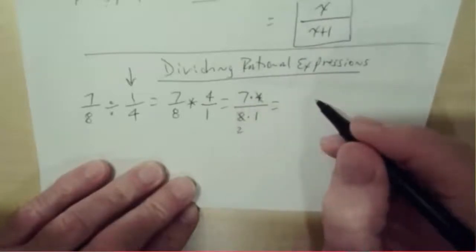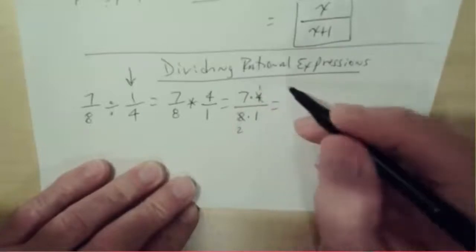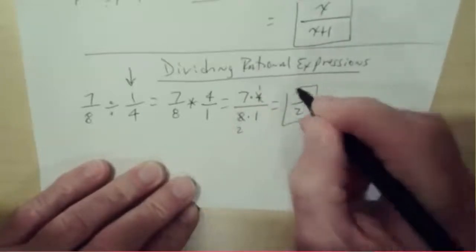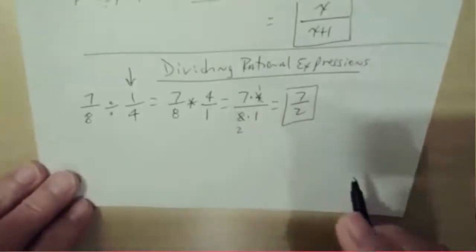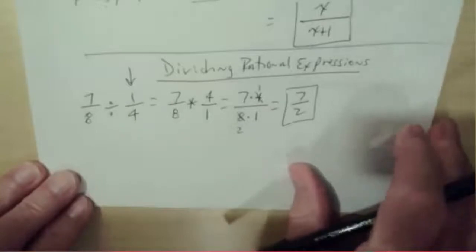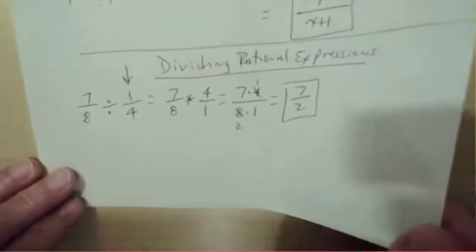This is 1. So we have 7/2. And that's all there is to it. Basically the same thing when you have, okay, what if we have this?